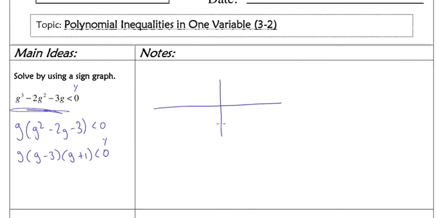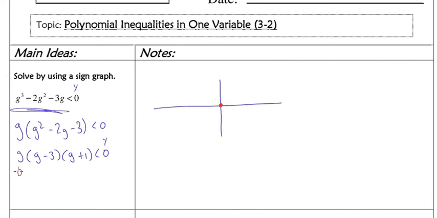I'm going to sketch a graph here, and the graph itself is not the answer to the problem. It's just a tool to help us get there. It's a method right now. We're not saying that this is actually the graph of the inequality, because it's actually less than 0. We're just looking for where on this graph we'll have negative numbers, because those inputs will be our solutions.